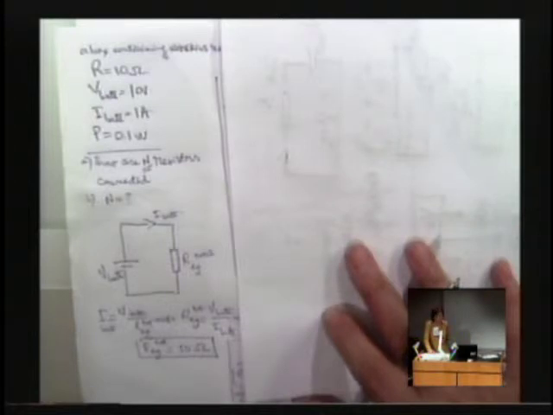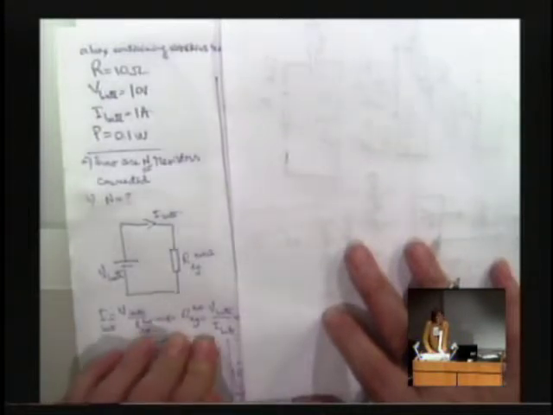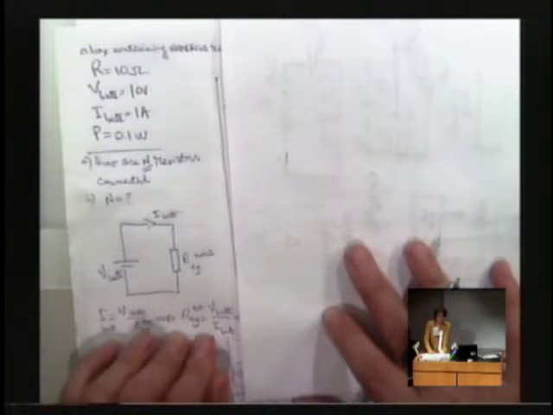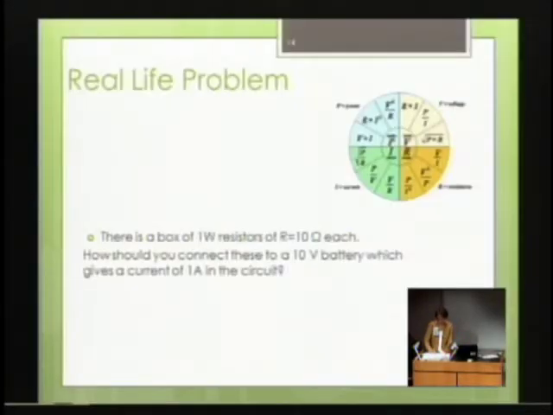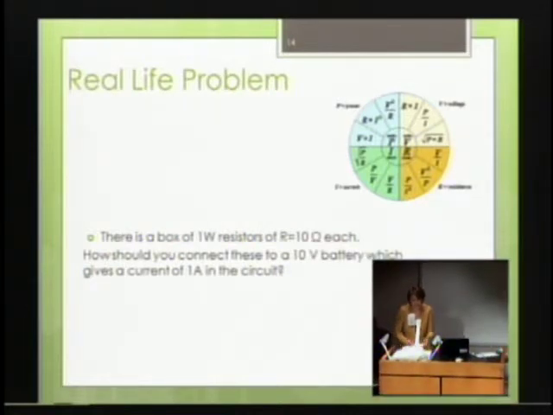What is R equivalent? Did you calculate it? How much is it? The total R equivalent. 10 ohms. Very good. Okay, but now what you need to do next, you need to figure out how should you connect these 10 ohms?